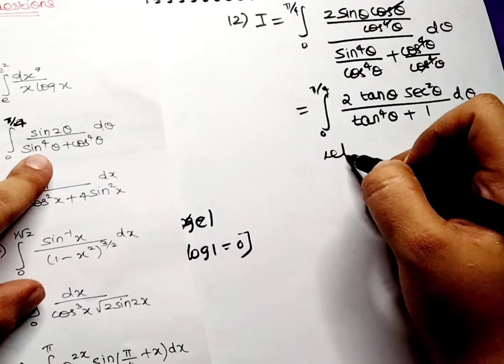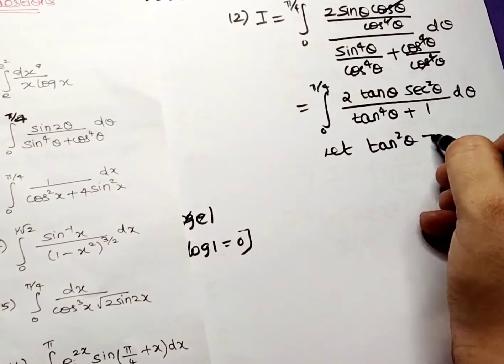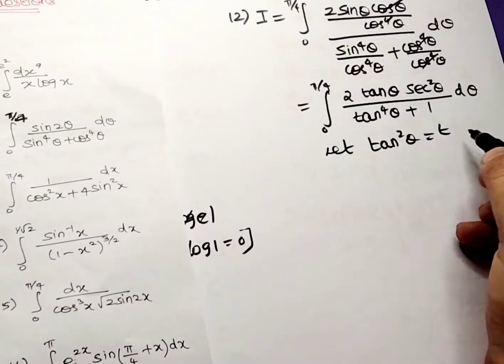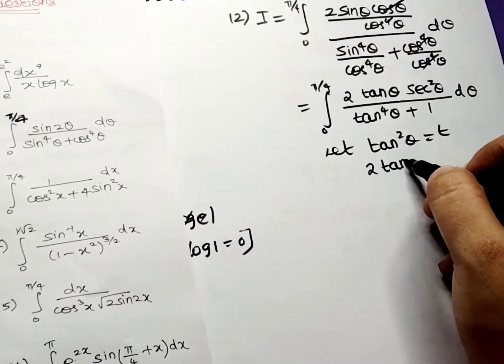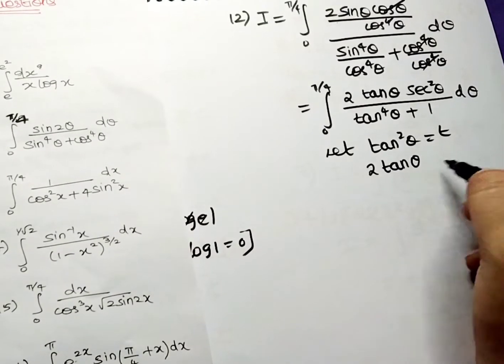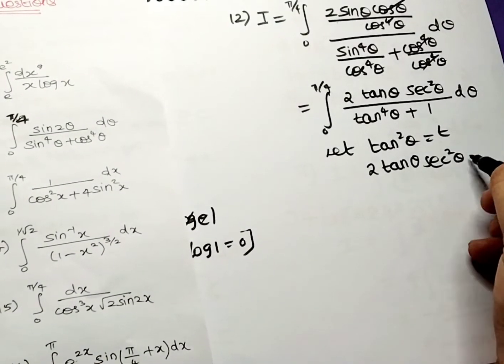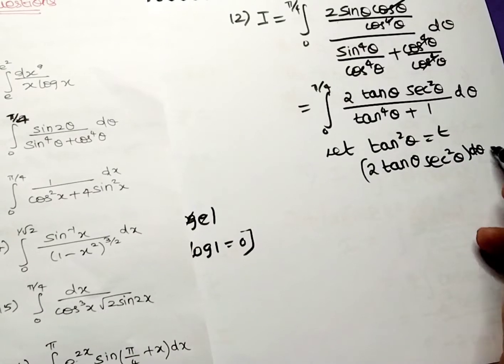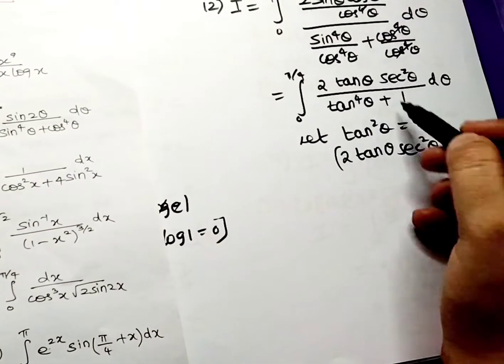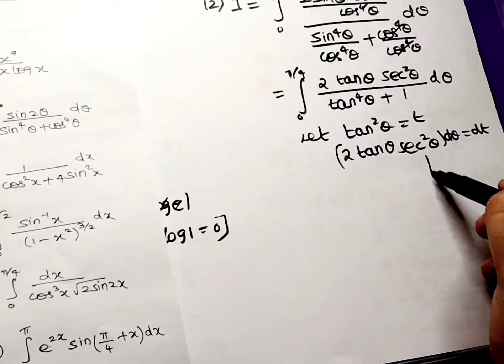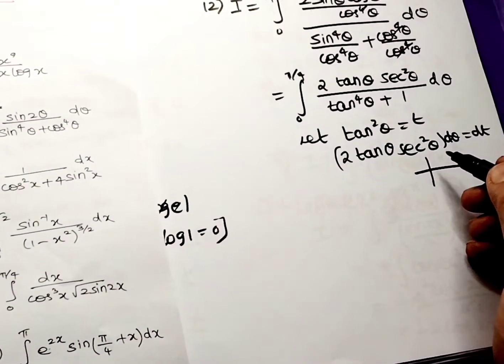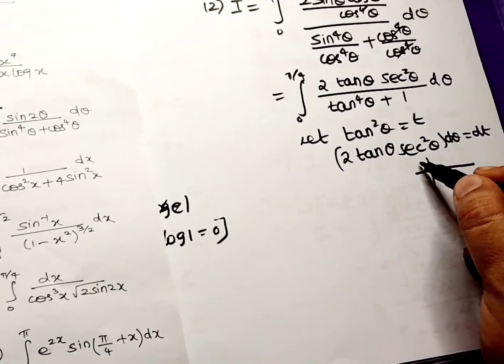Let's take tan square theta as t. When we differentiate both sides with respect to theta, we need to apply the power rule, isn't it? 2 into tan theta into the differentiation of tan theta, which is secant square theta, into d theta equals dt. So we have the same term, we don't need any modifications, and we can also replace the limits here.